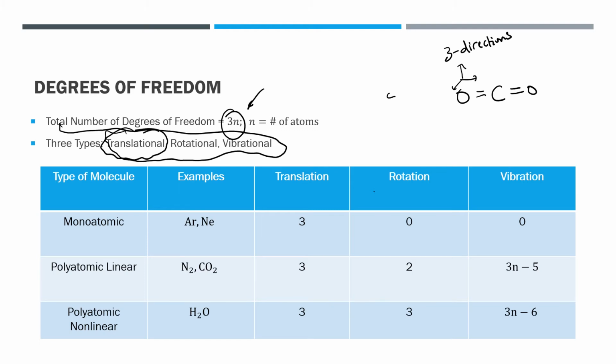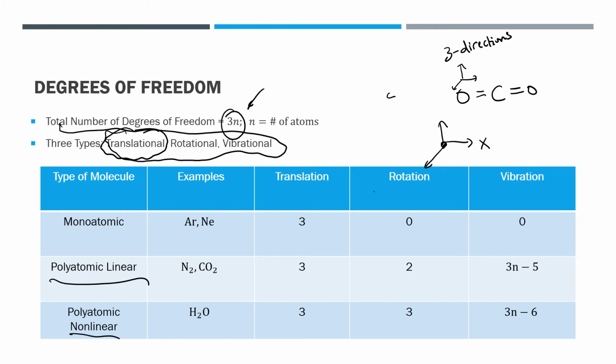Because every particle, every molecule or atom, has to move, right? Any particle has 3 translational degrees of freedom, no matter if it's a monoatomic gas, a polyatomic gas, or, as I've broken it down into categories here, polyatomic linear or polyatomic nonlinear. That comes from the x direction of motion, the y direction, and the z direction of the motion of the entire molecule.